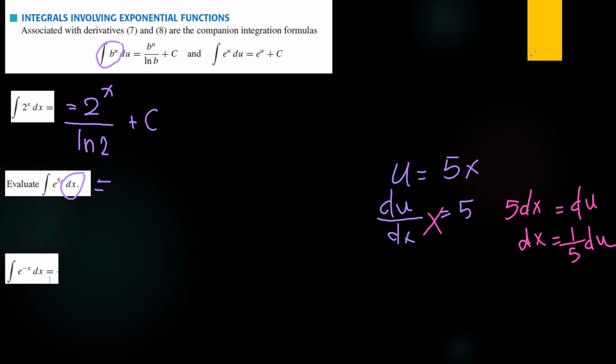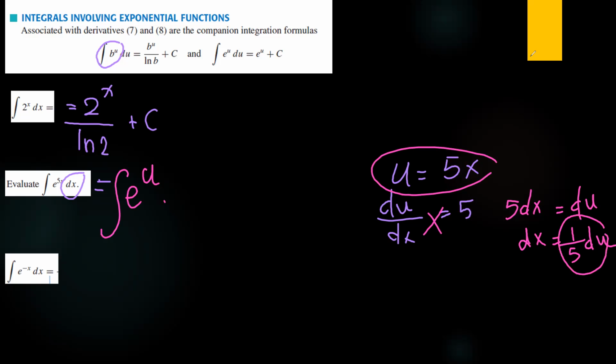So you replace 5x with u, and you also need to replace dx with du. Here it's different from what we did before. Before we replaced du with dx; here you have to replace dx with du. So it will be e to the power u, where 5x is replaced with u, times dx replaced with 1 over 5 du.